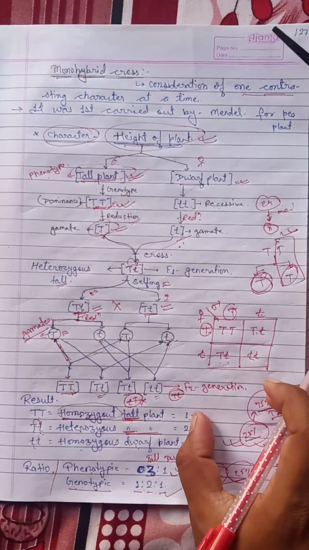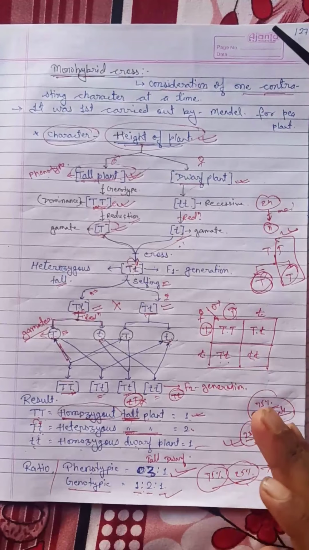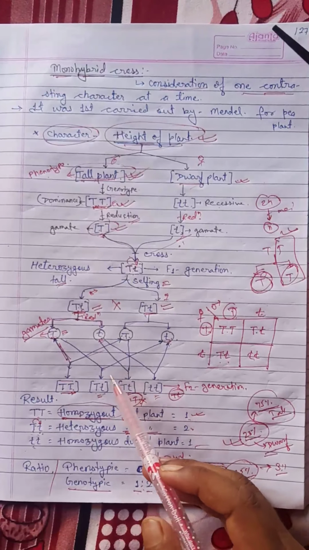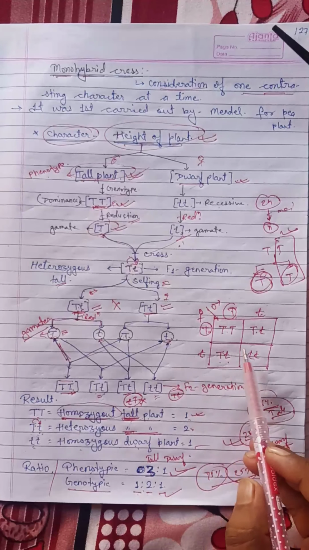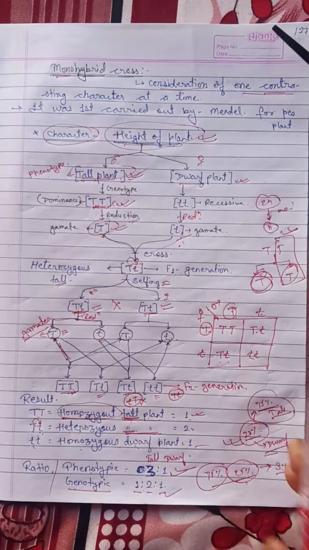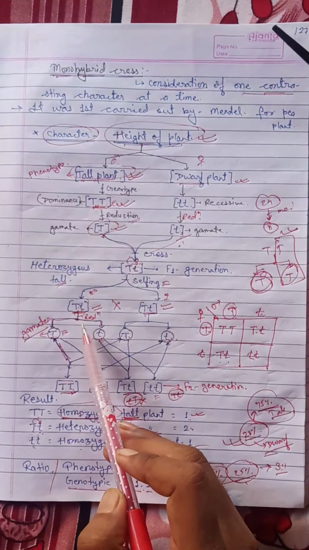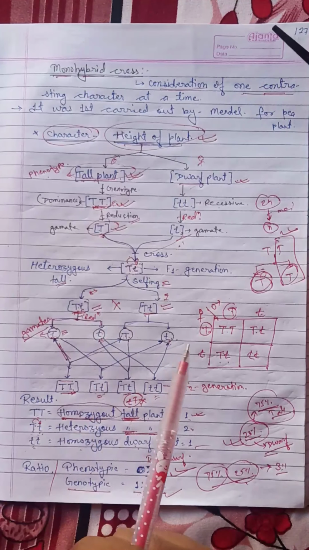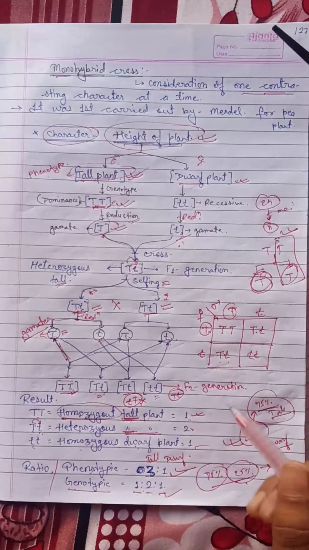The Punnett square box is easier than these crossings for the monohybrid cross, but it will be very difficult for the dihybrid, trihybrid and many more crossings. You have to remember one thing: in the monohybrid cross, the number of Punnett square boxes is 4.